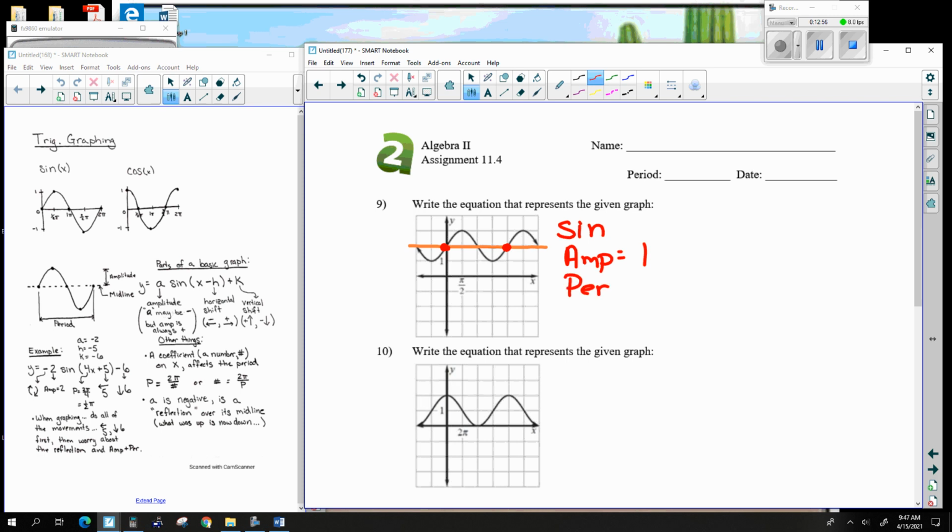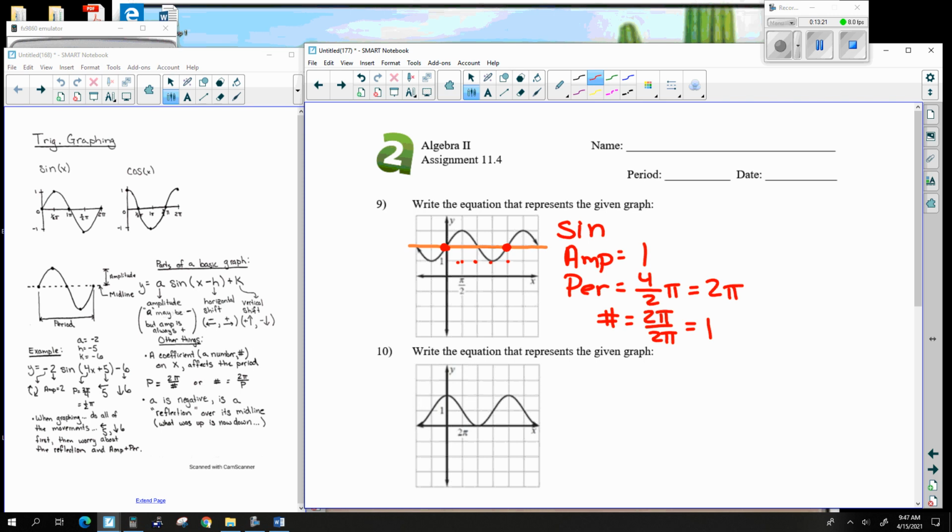The period. Each line is 1/2 pi, so this is 1/2, 2/2, 3/2, 4/2. So this is 4/2 pi, which is aka 2 pi. So if you need to go, what is the inside number? It's 2 pi divided by the period. So the inside number is 1.